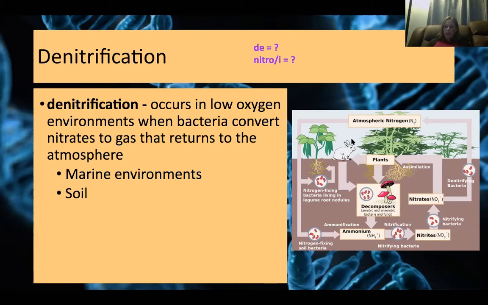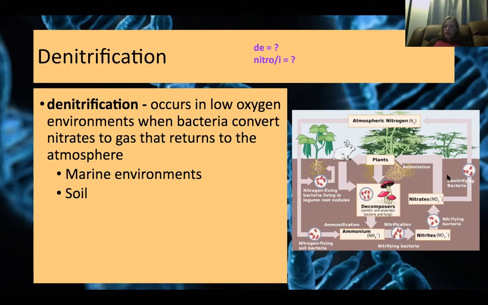Once nitrogen has been incorporated or assimilated into a plant and passed on up the food chain into an animal, it's going to come out as a waste product, or these plants and animals are going to die. And that nitrogen stored in the bodies and in the waste products of these plants and animals is going to have to be returned to the atmosphere. And we have a different set of bacteria that are going to do that. So we call these denitrifying bacteria, and they participate in denitrification.